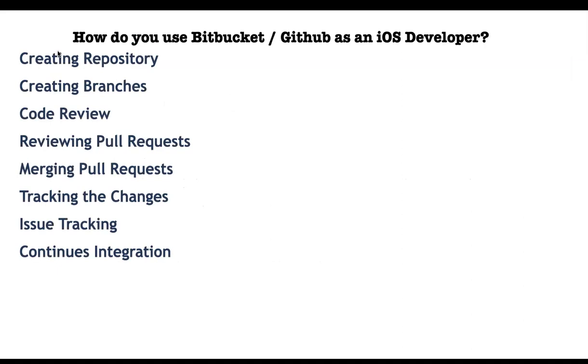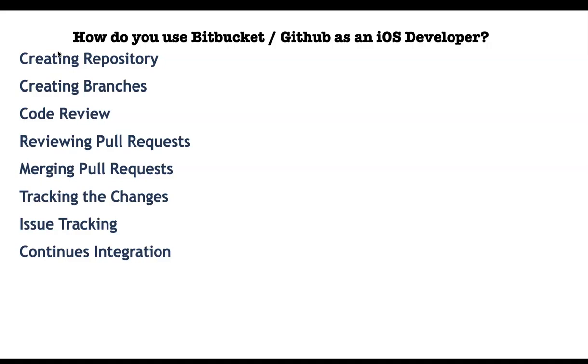How do you use Bitbucket or GitHub as an iOS developer or software engineer? You create a repository. Even if you are single in your team, you must create a repository and create branches. You need to review the code. Let's say four people are working.